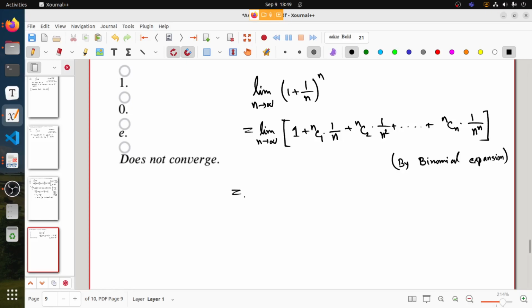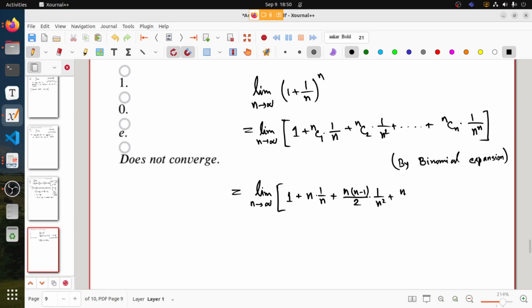Right. So now what happens? If you calculate these nCk terms, 1 plus nC1 is n, so n into 1 by n, plus nC2, which is n into n minus 1 by 2 into 1 by n square, plus the next term, nC3.